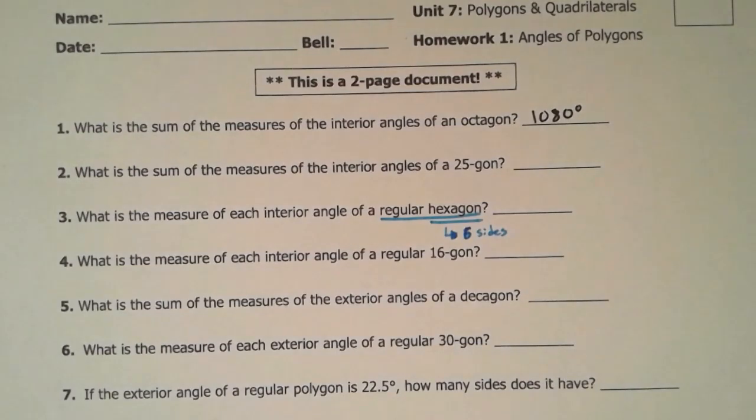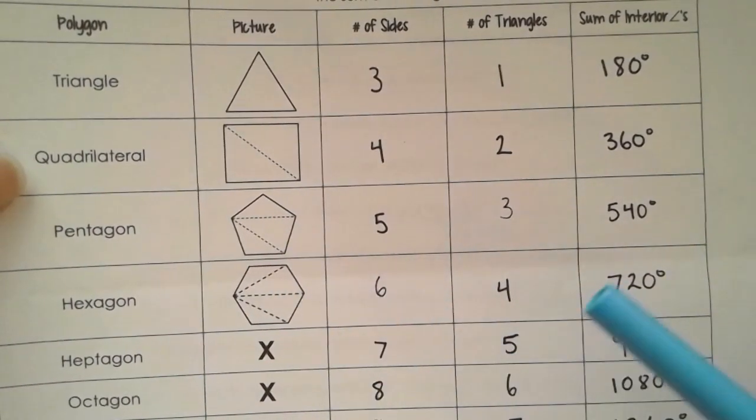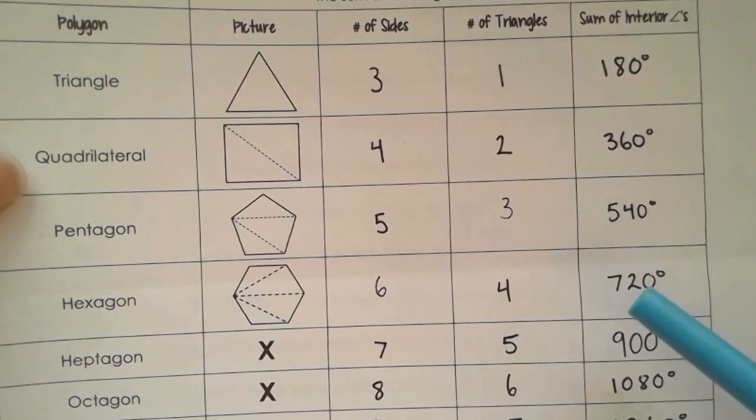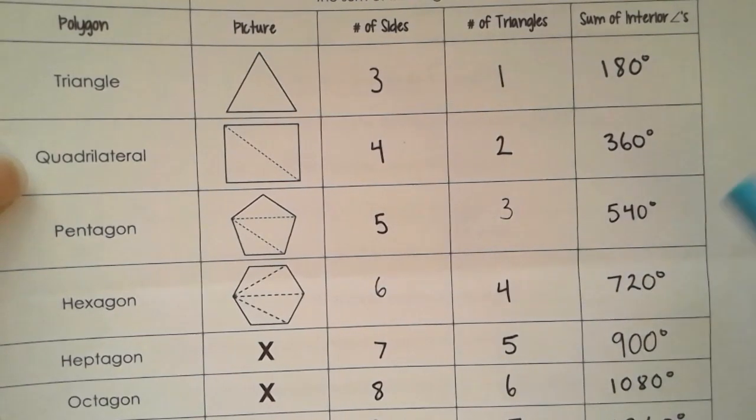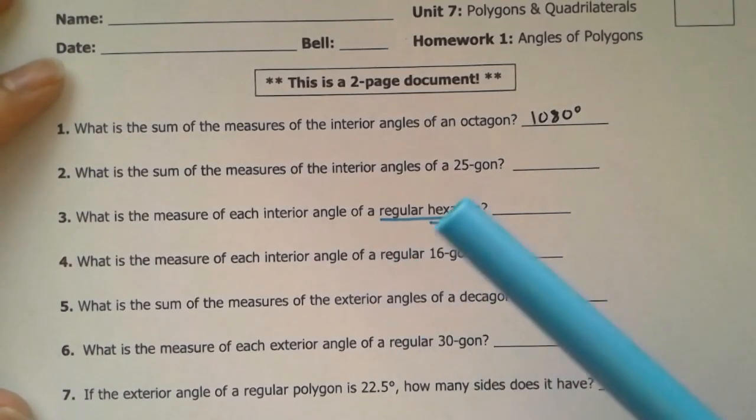Going from my table, here's the hexagon, 6 sides. The sum of the interior angles is 720 degrees. So the question is, what is the measure of each interior angle of a regular hexagon?